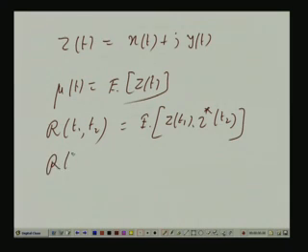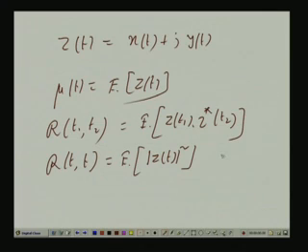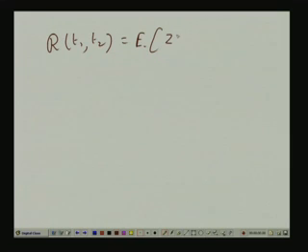So, that means, in general, suppose R(T1, T2), say for a complex process, is given.